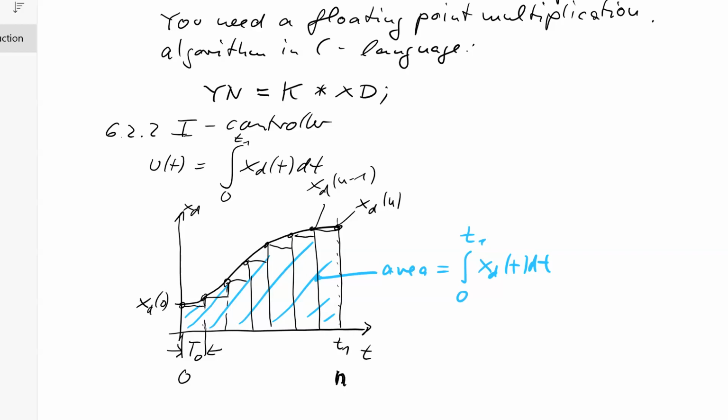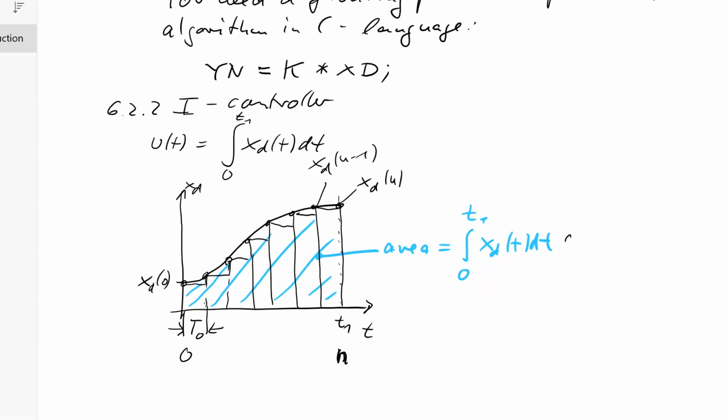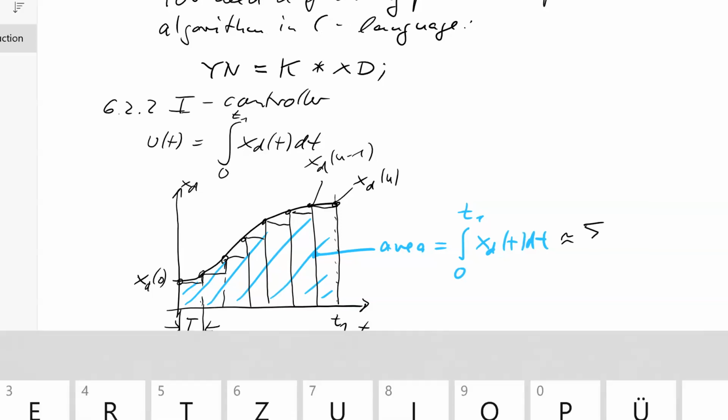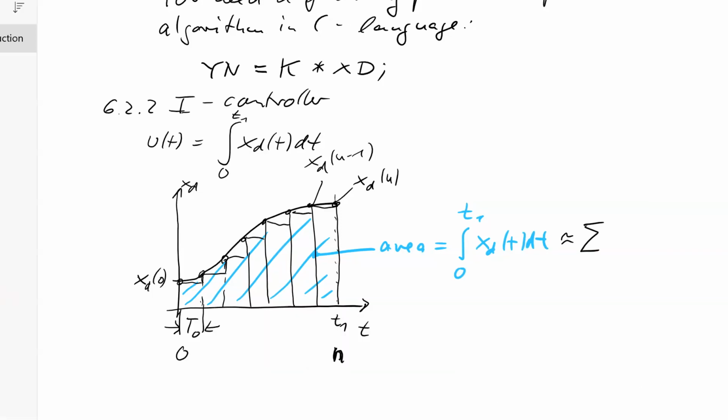And what we can say, okay, this area is approximately equal to the sum of the area of each rectangle. The rectangle has the horizontal dimension t sub o, and the vertical dimension is the actual xd value, say of i, and the running index of course should start with 0.